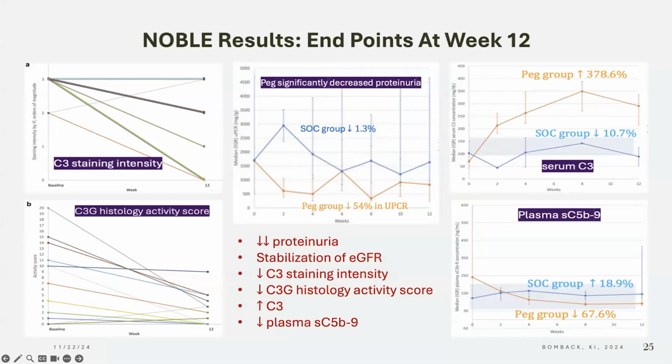Again, it's uncertain whether this significant proteinuria reduction and short-term stabilization of eGFR are associated with improved long-term renal survival or graft survival. We need more patients and long-term follow-up. The long-term outcomes of these 13 patients are being further evaluated as secondary endpoints at week 52, which I believe is not completed yet.